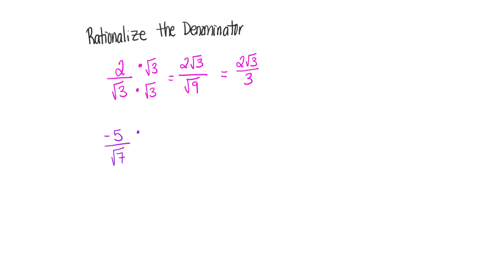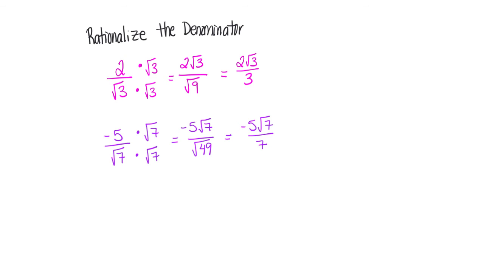So we're going to multiply both the numerator and the denominator by the square root of 7. Again, we're going to multiply that straight across, so it's going to become negative 5 times the square root of 7 over square root of 7 times the square root of 7, which is the square root of 49. But again, we can simplify that further, being negative 5 times the square root of 7 over 7.